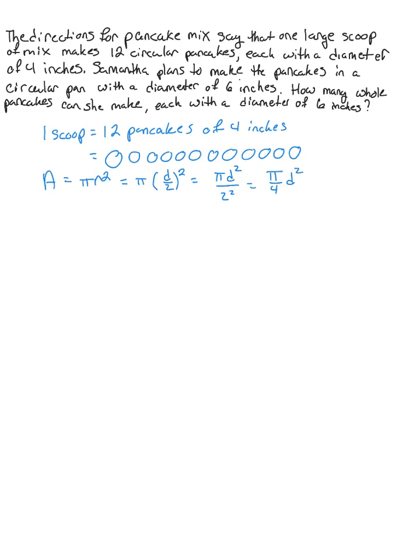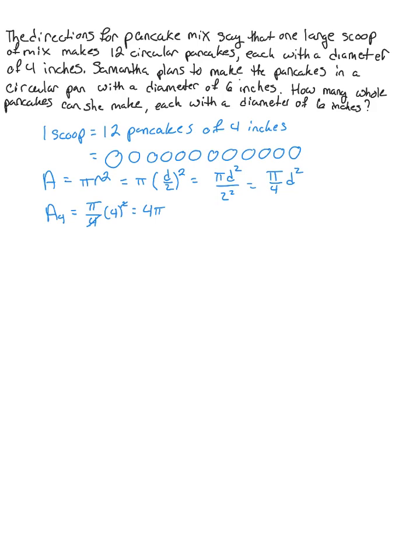So using this, we can find the total area. We find the area for one pancake, and then we can multiply that by 12 to get the area of all the pancakes. The area for one pancake of 4 inches in diameter is going to be equal to pi over 4 times 4 squared. Well, one of the 4's will cancel out, and we'll be left with 4 pi.